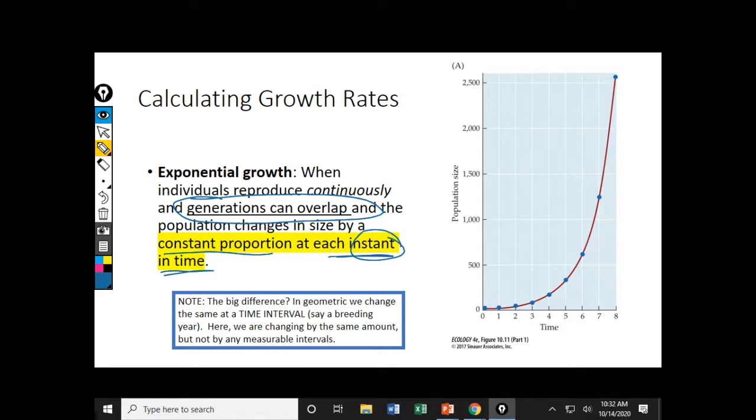But we understand that this is not going to happen over years. So the way that we calculate that growth rate is per instant in time, not yearly or monthly or whatever it is. So this is our big difference here: time interval versus continuous. Fundamentally, these are super similar. This has a lot more to do with applicability and a ton of background math we don't care about.